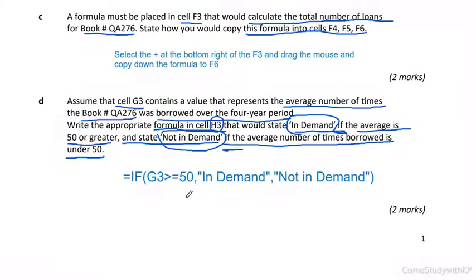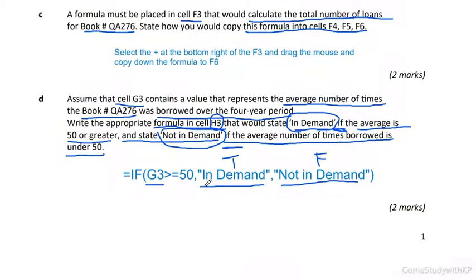So in H3, we would put if G3 is greater than or equal to 50, put in demand. If it's true, put in demand. And if it is false, we put not in demand. Okay, let's move on.